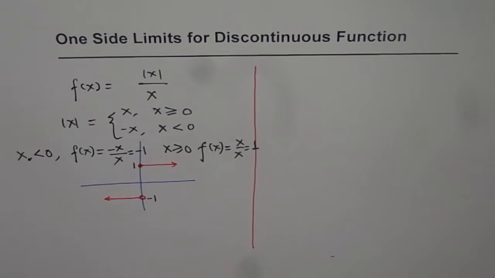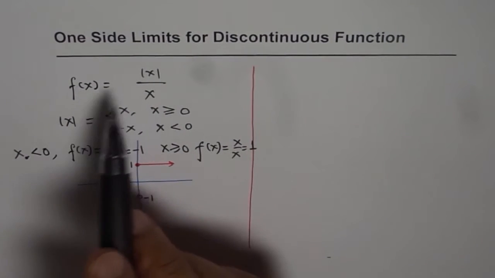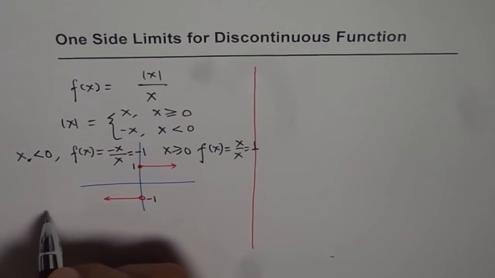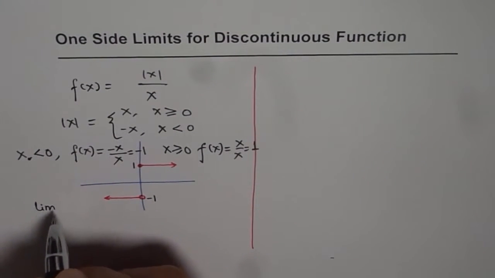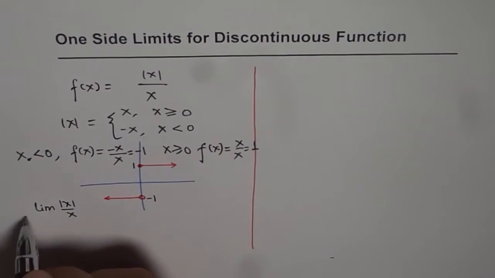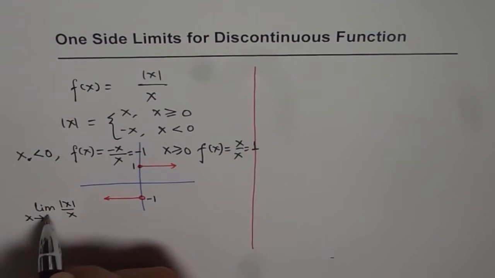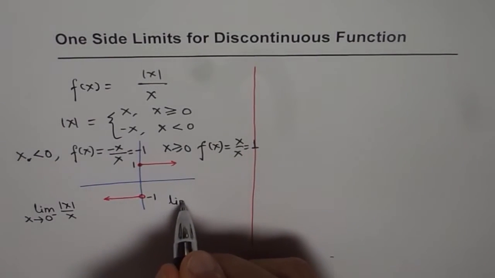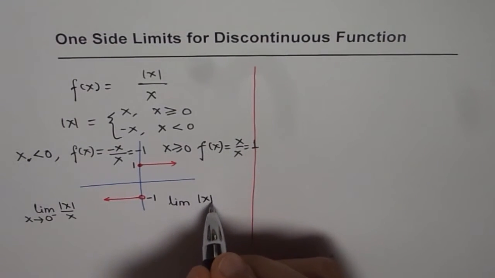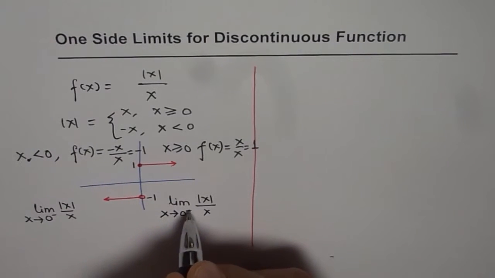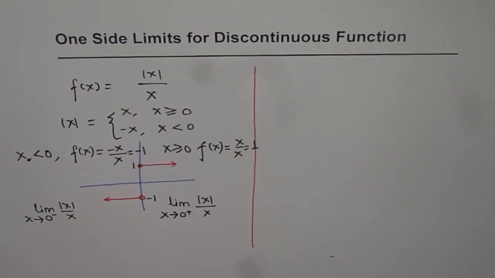Now we have to look into the one-sided limit of this function. What I'm trying to say is we need to find out the limit of absolute x over x when x approaches 0 from the left side, that means minus. And what is the value of the limit of absolute x over x when x approaches 0 from the right side, that means plus.